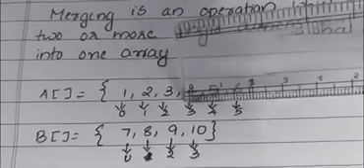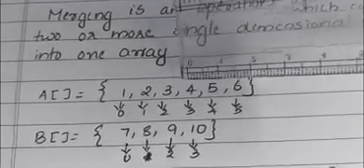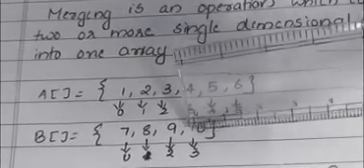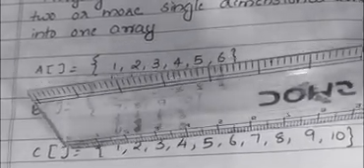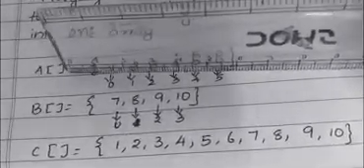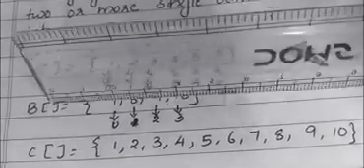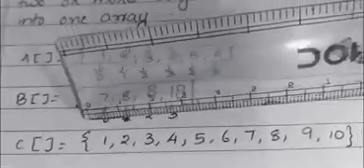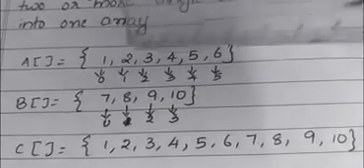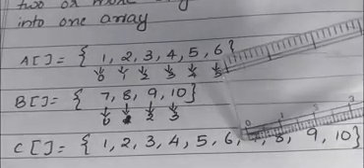Here, by the merging process, we are joining the elements of these two arrays into a single array. So let's see C. If array A is of integer type and array B is of integer type, surely C should be of integer type. So C equals the elements in the first array, that is 1 to 6, then the elements in array B, which are 7, 8, 9, 10.